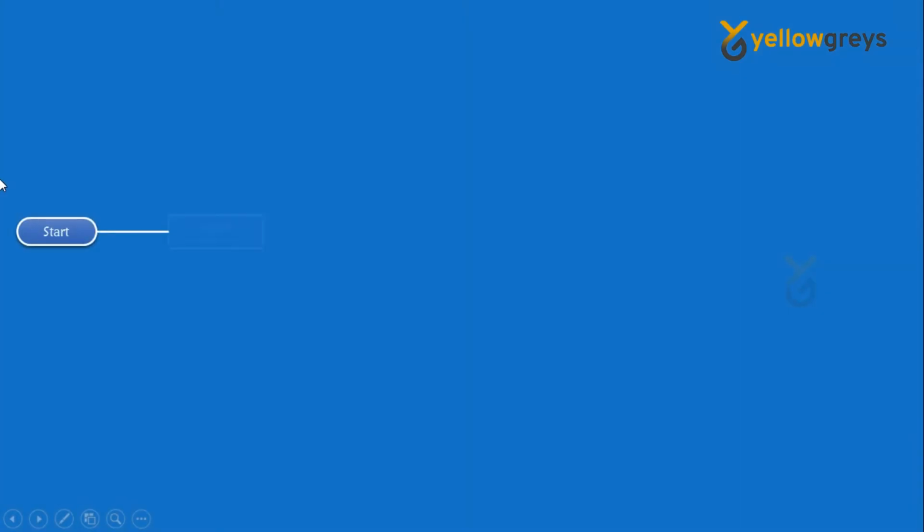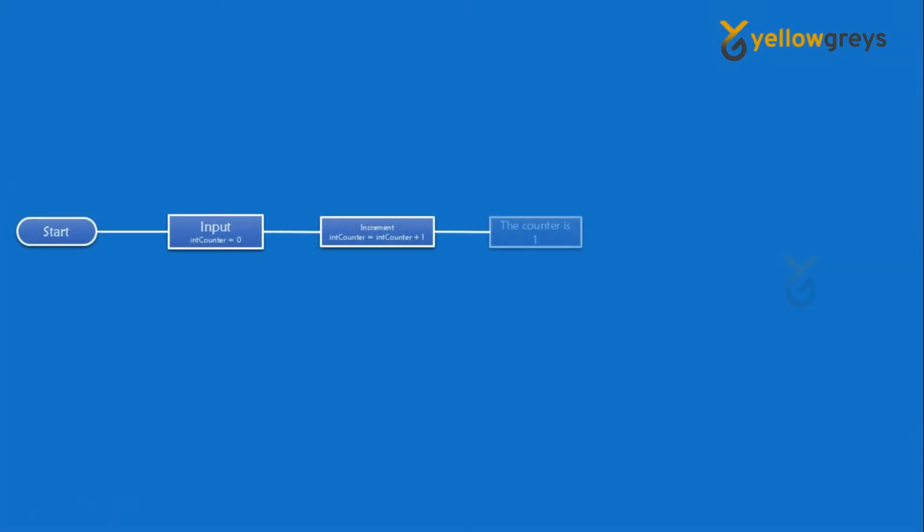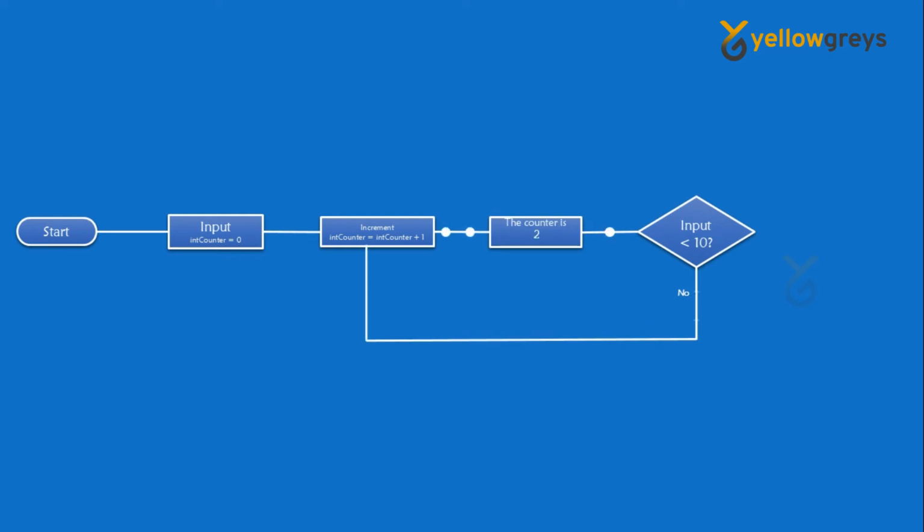To show how to use a Do While activity, let's create an automation that increments an integer variable from 0 to 10 and displays a message every time it is incremented.